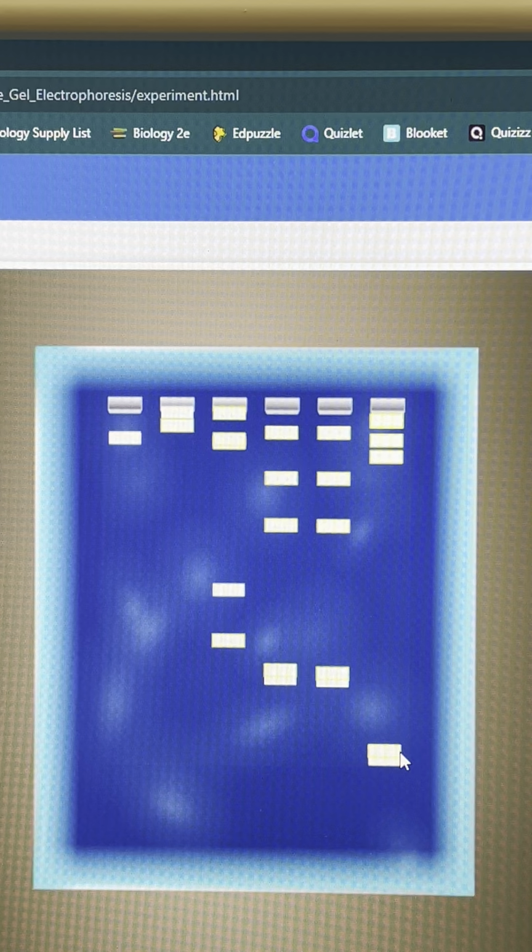So this is smaller. And the next question says, which ones move the slowest? It's the larger fragments. The next question, why do the fragments move at different rates? That is because the larger fragments get stuck.